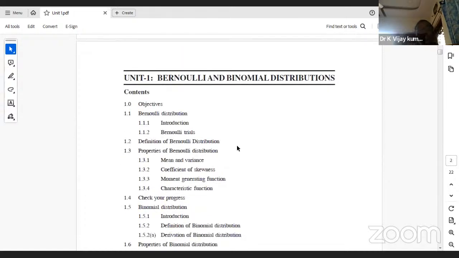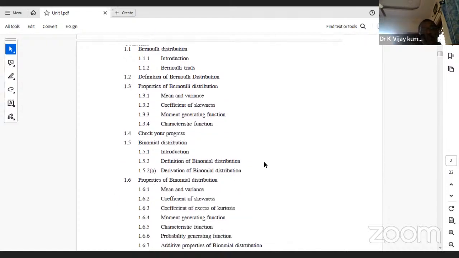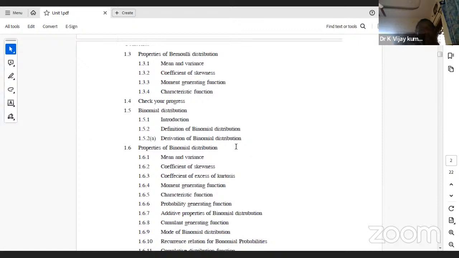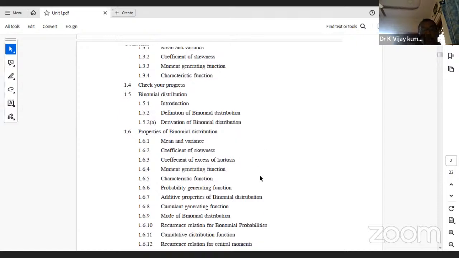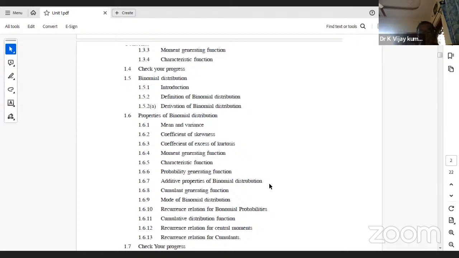So in this Bernoulli and binomial distribution unit: Bernoulli trials, definition of Bernoulli distribution, properties of Bernoulli distribution, what is mean and what is variance, coefficient of skewness, moment generating function, characteristic function, and binomial distribution, definition of binomial distribution, derivation of binomial distribution, and again properties of binomial distribution, coefficient of skewness, coefficient of excess of kurtosis, moment generating function, characteristic function, probability generating function, additive properties of binomial distribution, cumulant generating function, mode of binomial distribution, recurrence relation for binomial probabilities, cumulative distribution function, recurrence relation for central moments, and the recurrence relation for cumulants.